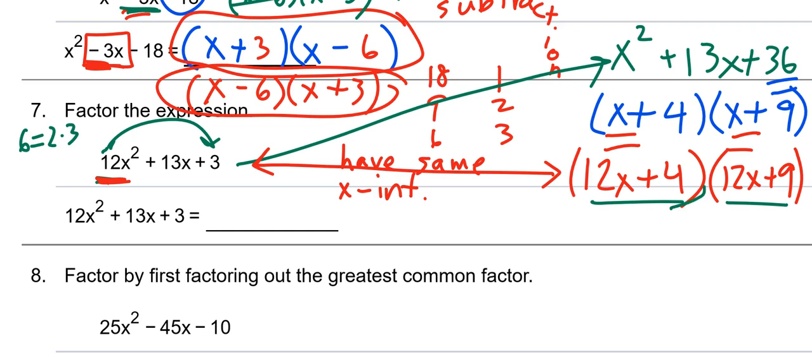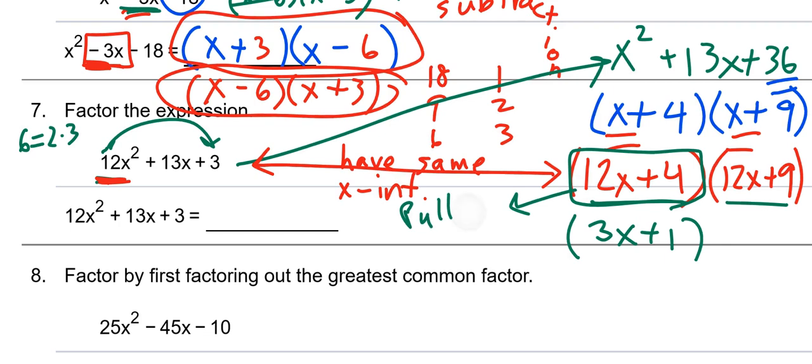For instance, inside this first one, I see that they have a 4 in common. I'm going to pull it out. If I pull out that 4, that leaves me with 3x plus 1. And when I say pull it out, remember, it's a greatest common factor. So I pulled out the 4, and I'm literally going to throw it away because I don't need it.